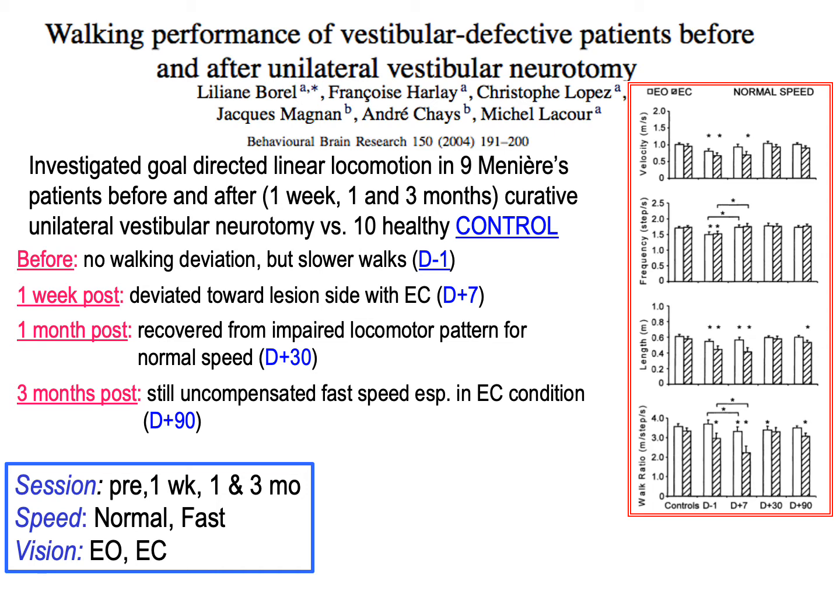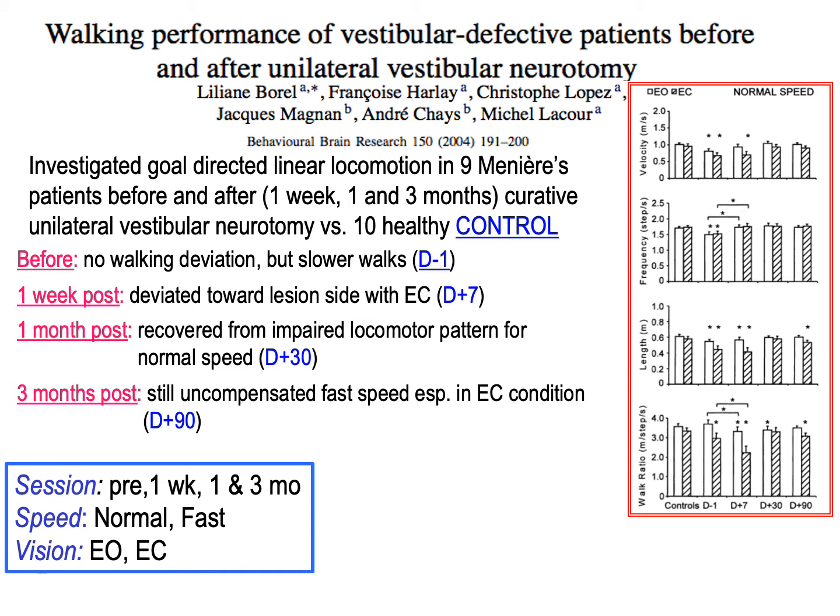And what you'll see for most of those metrics is that they actually decrease. So they're walking slower, they're taking shorter step lengths. The frequency was statistically different. Doesn't look like it is from that D-1, but it is, I guess, according to their statistical analysis. And then velocity was also decreased with the eyes closed.